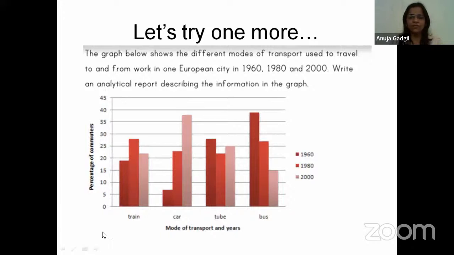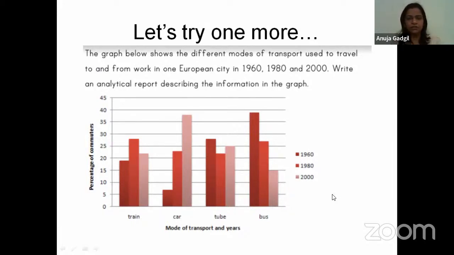Can you tell me which mode of transport? Okay. Can you tell me the color scheme? What do you think light pink color shows?